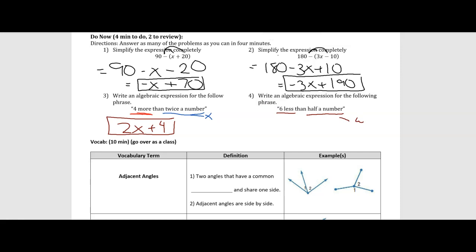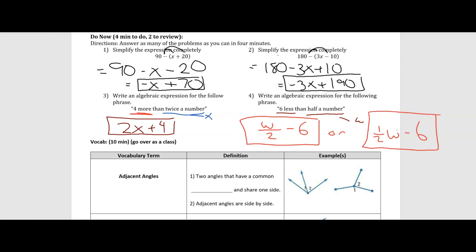So we have half a number, or w divided by 2 minus 6. You could also have 1/2 w. Again, that's the same thing as w divided by 2, and then still subtract 6.